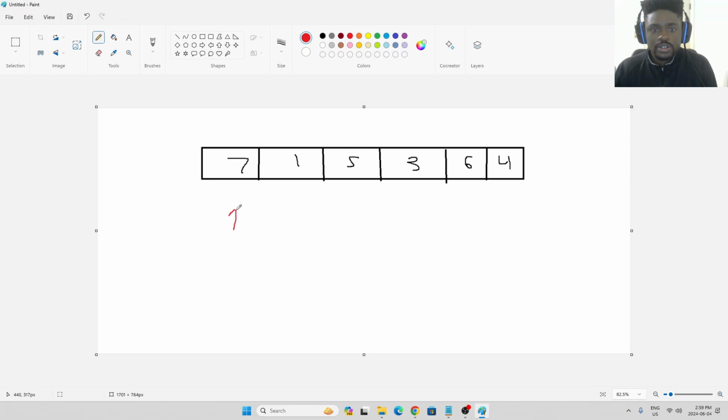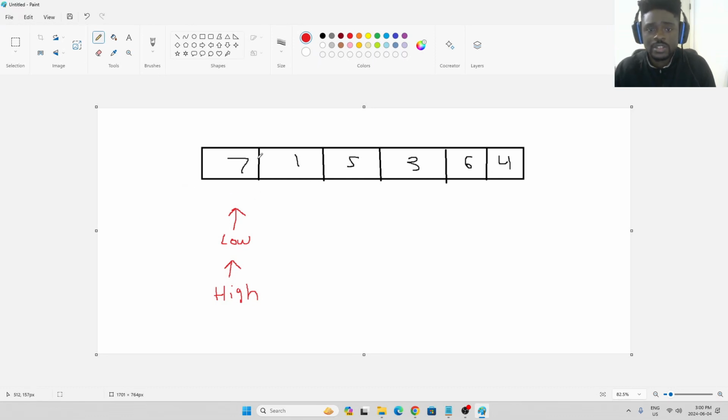So we're going to start off with our window like this. We have our low and our high pointers to indicate our window. And as I said, we want to increase our high pointer if and only if the subsequent element is greater than our current element.